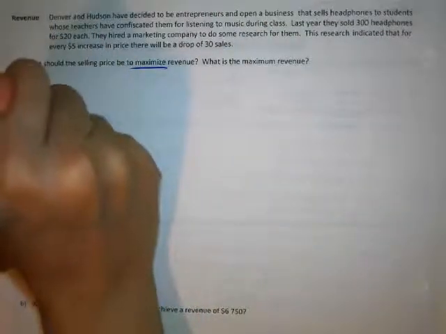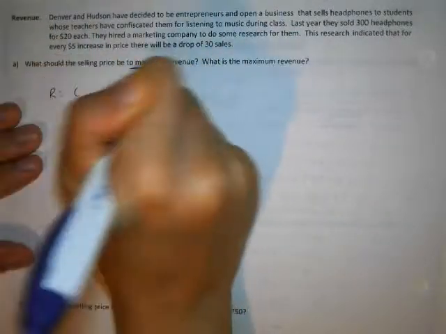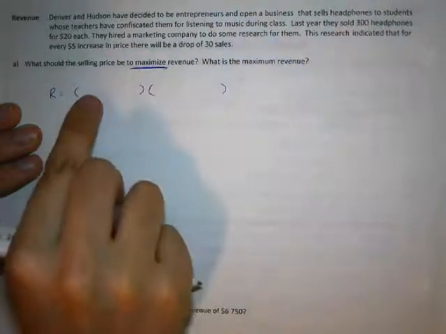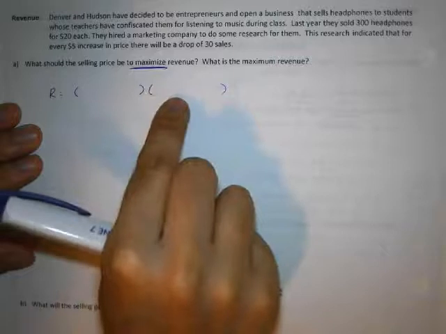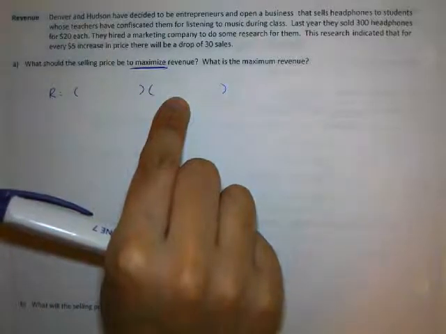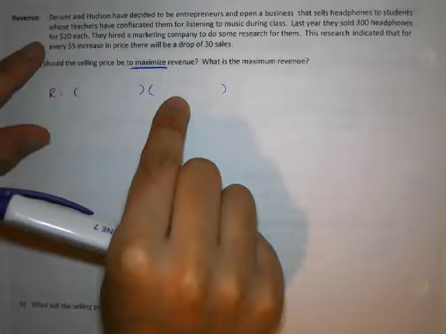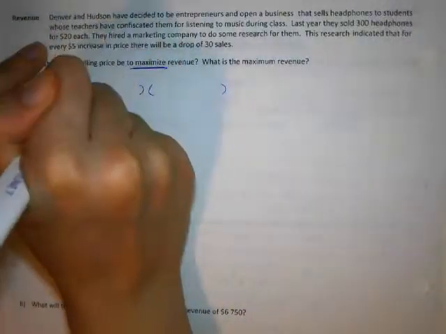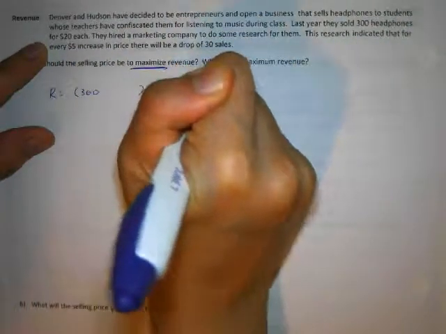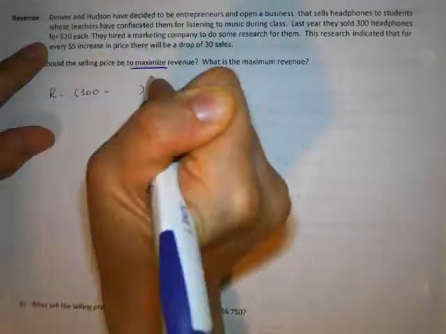So when we set up the equation again, revenue in this case is the number of headphone sales and then the price per headphone. So in this case, when they sell 300 headphones, it's $20 each. And if they increase the price by $5, there will be a drop.